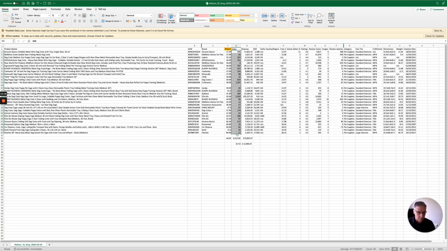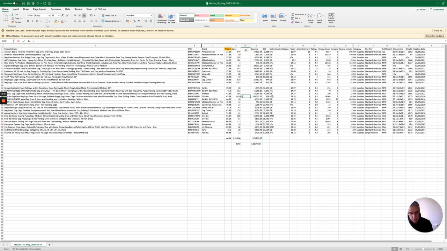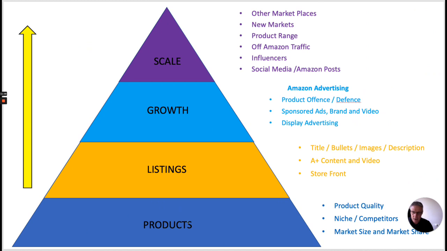So obviously this product here, if we were to make an insert here, the total sales is that divided by that as a percentage. So that product there has got 26% of the sales. So a product doing 500 would have approximately 7. I know it's not completely accurate because I've just taken that out, but we can start looking at market share and things like that, and that's essentially how we start evaluating products at this level, and how we then say, right, well, is it worth us competing in this market?